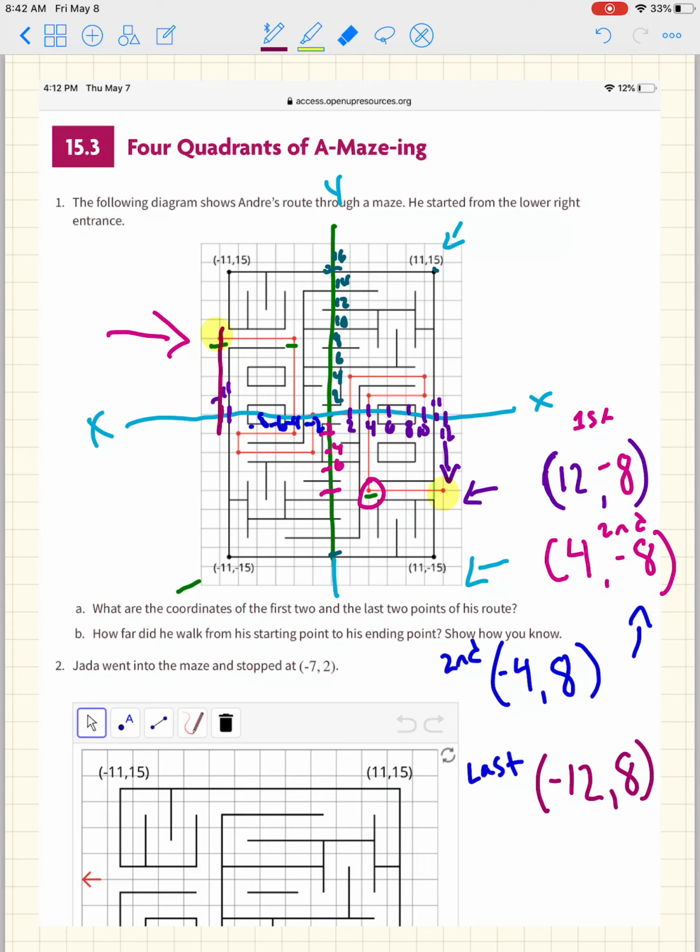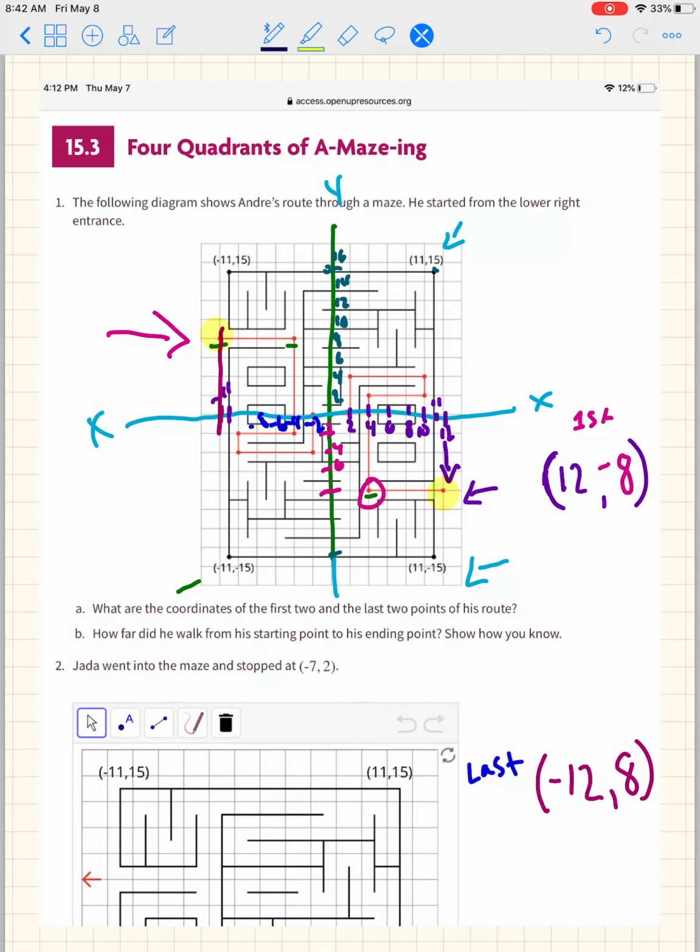I'm going to erase all this other stuff I've got going on to not confuse you guys. So his starting point is positive 12, negative 8, and his ending point is negative 12, positive 8. Using that information, you can tell how far he walked.